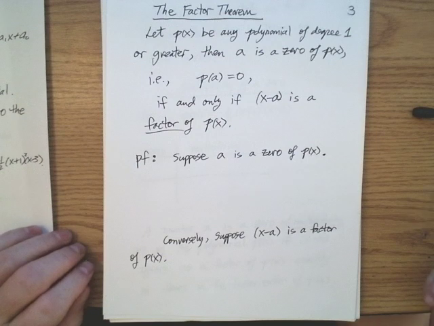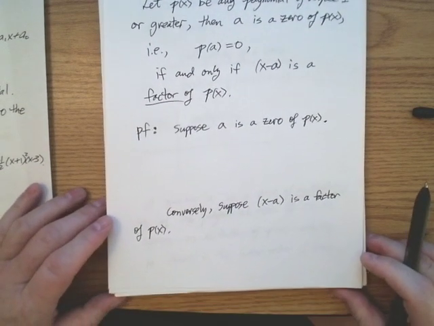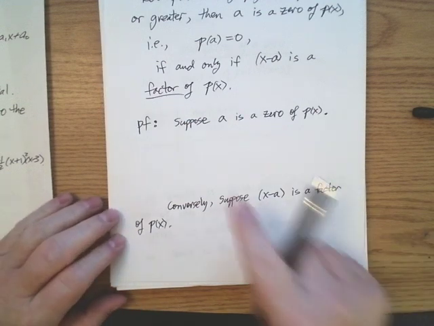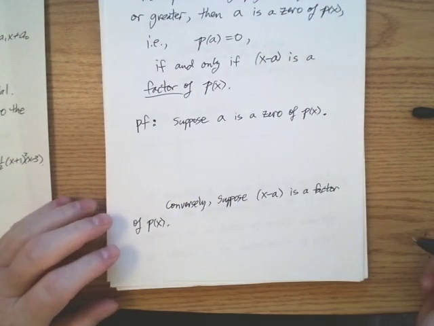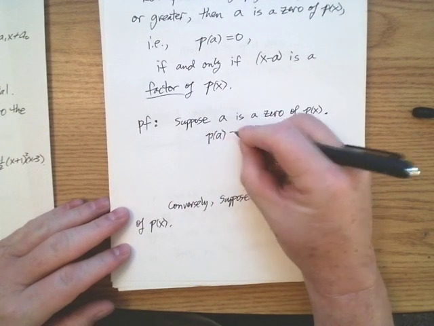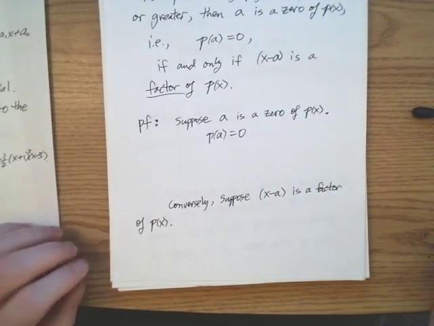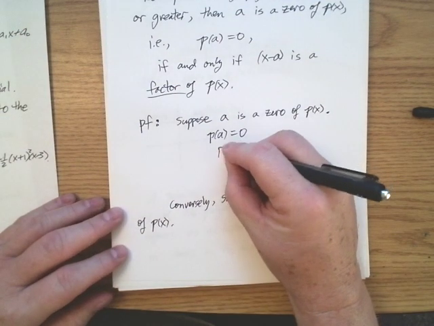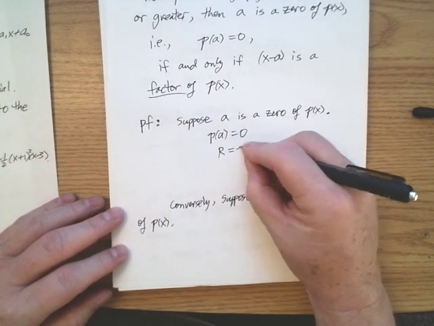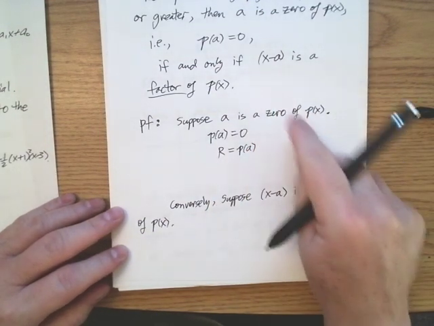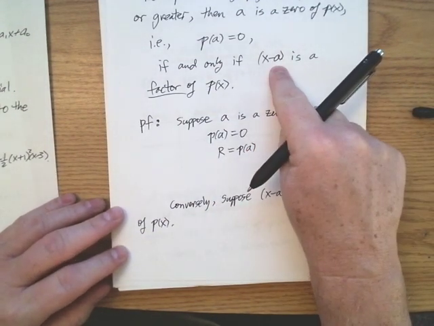Let's give a quick proof of this, and the proof comes directly from the remainder theorem. Suppose a is a 0 of p of x. That means p of a is 0 by definition. Do you remember the remainder theorem said the following? r is p of a, where r is the remainder of p of x upon division by x minus a.